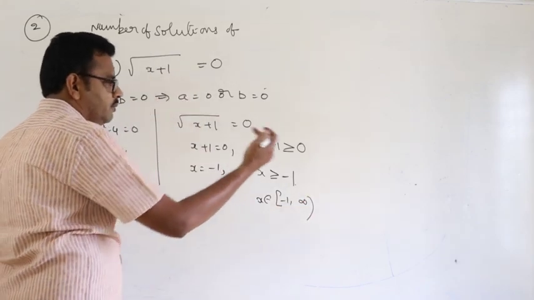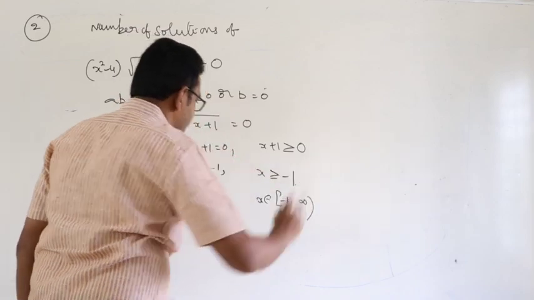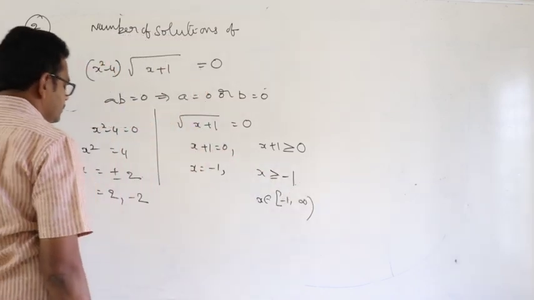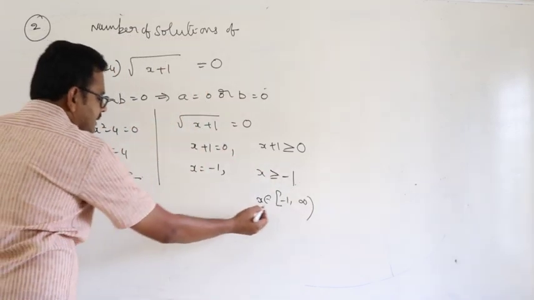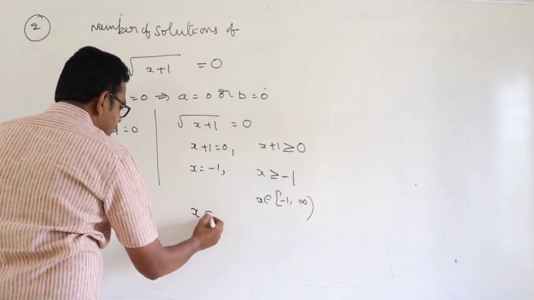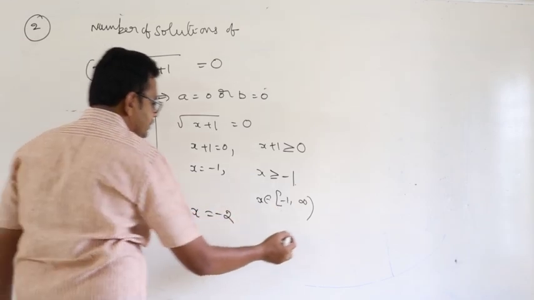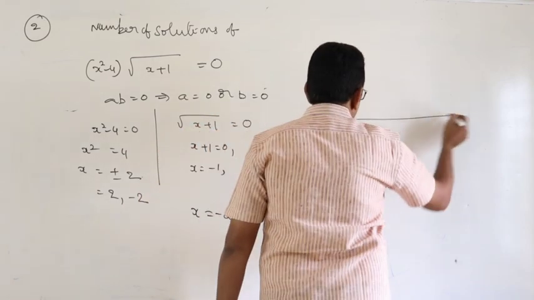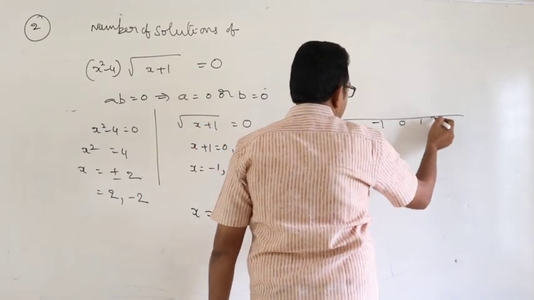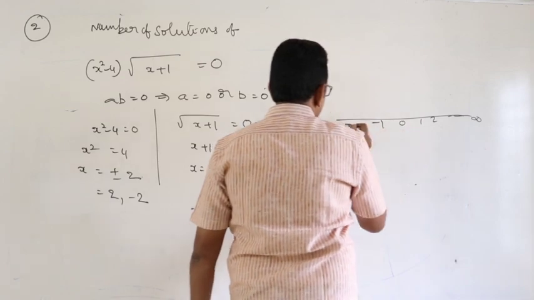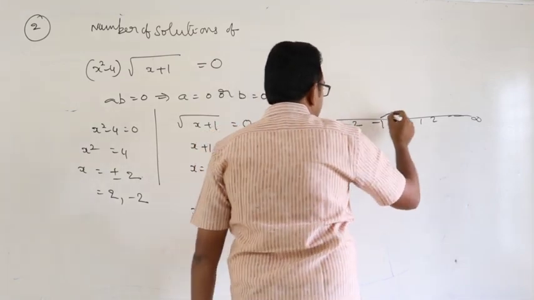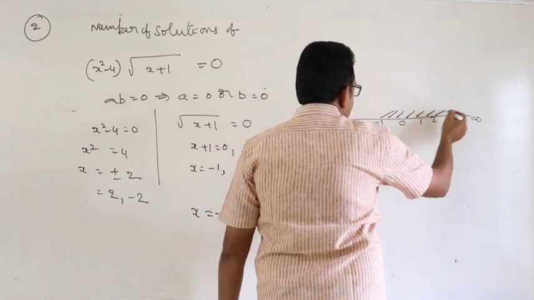Minus 1, 0, 1, 2, 3, 4 and so on up to infinity. So, this is a real number interval, from minus 1 to infinity.